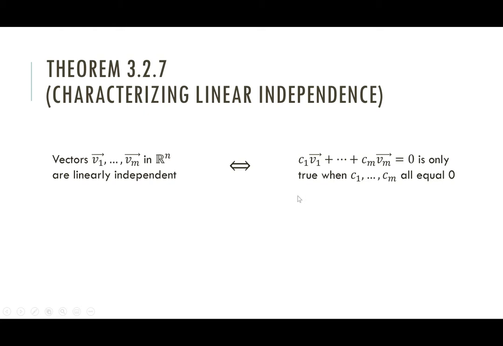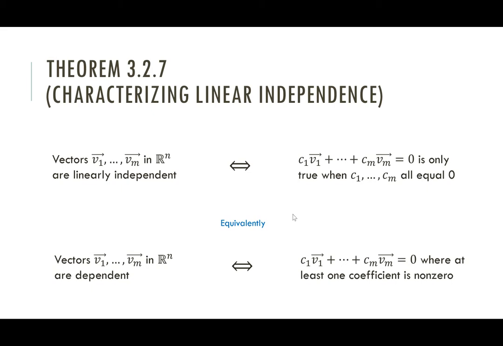An equivalent way of stating this theorem is with the contrapositive, which is what your book does. So what your book states is that vectors v1 to vm are dependent, so the opposite of linearly independent, is equivalent to saying that there exists some linear combination of the vectors that equals 0, where at least one of the coefficients is not 0.